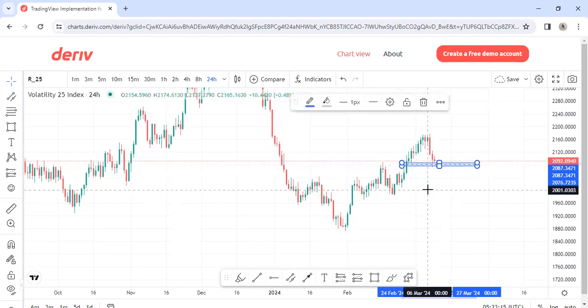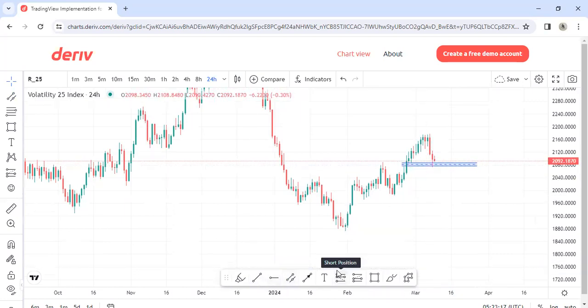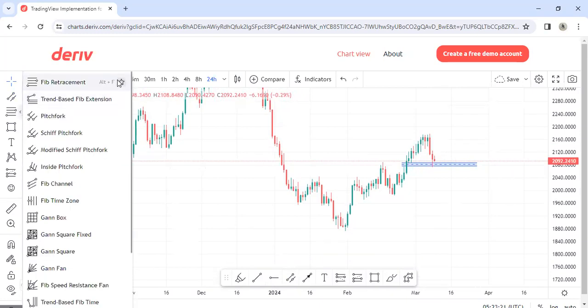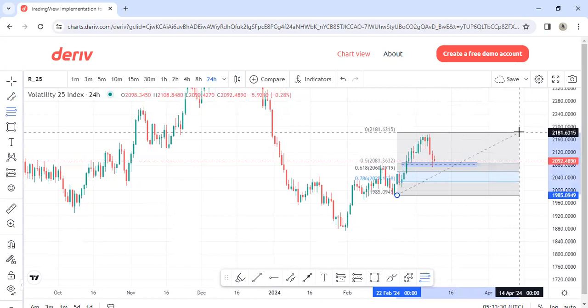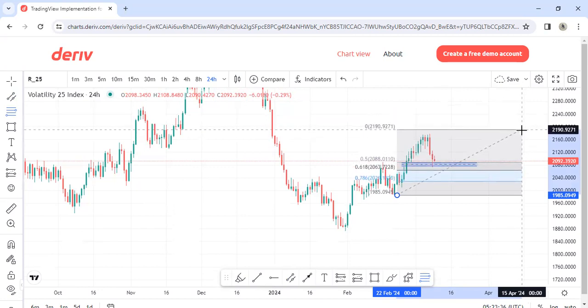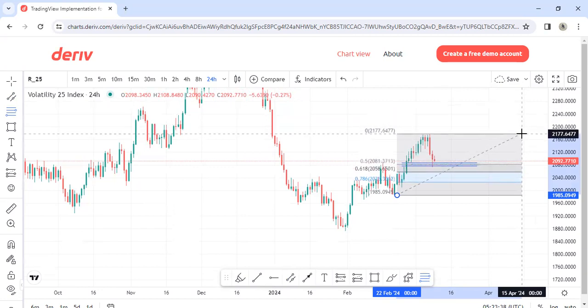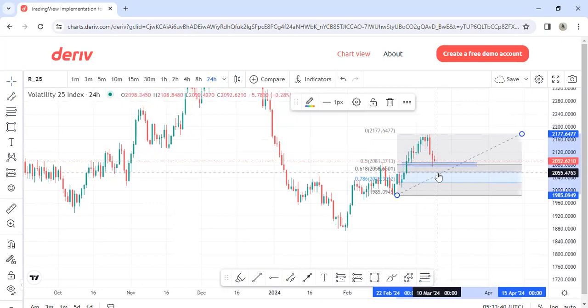Inside this imbalance, if I take out my fib tool and try to get this impulse leg, I will say okay from this to this. So actually it's at a kind of discount level, right? We hit a 50% yesterday. We're not at 50% quite yet, but we tapped into it yesterday.